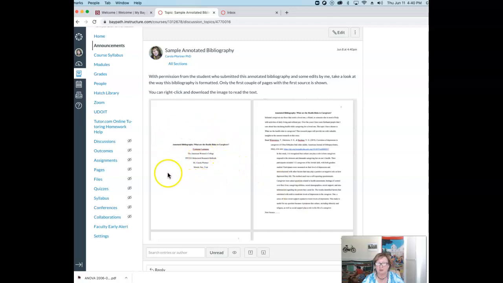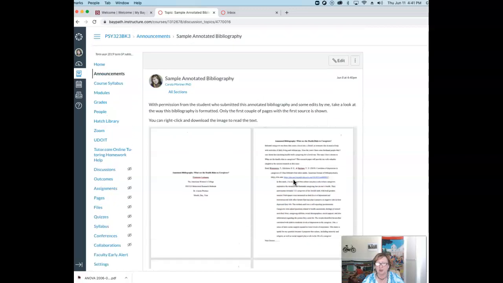You give yourself the title page, then you write annotated bibliography, then a little bit of an introduction, and then you list one by one the sources that you're dealing with. You give each an APA style citation, just like you would put into a reference page, except here it's not with a hanging indent. And then you write about it, and there are some suggestions in the resources in the assignment that can help you with that.